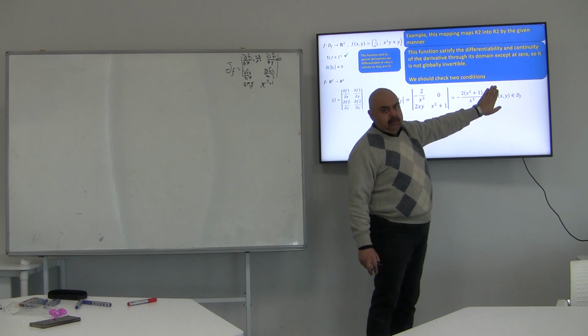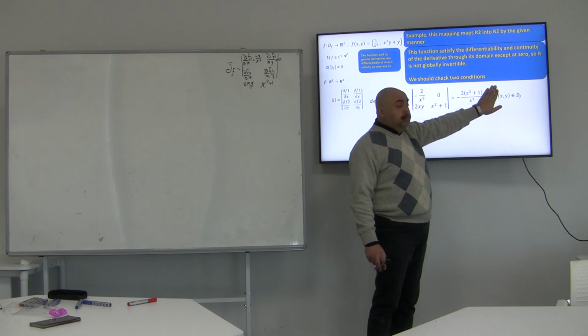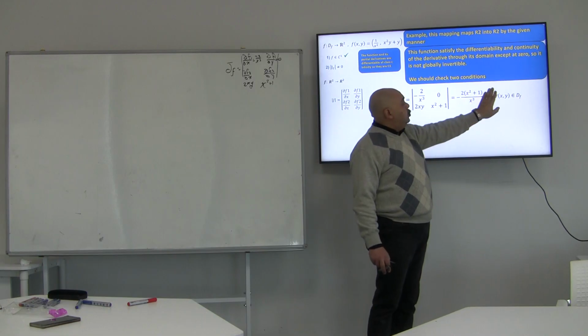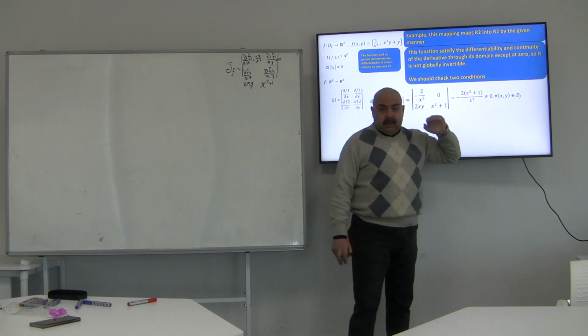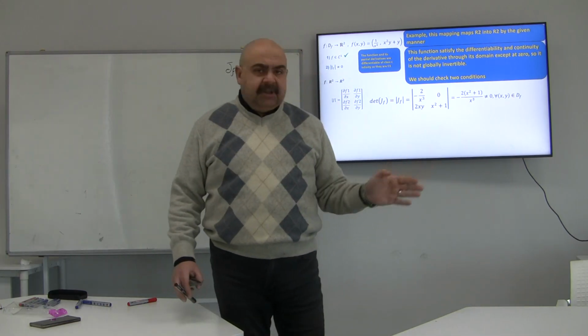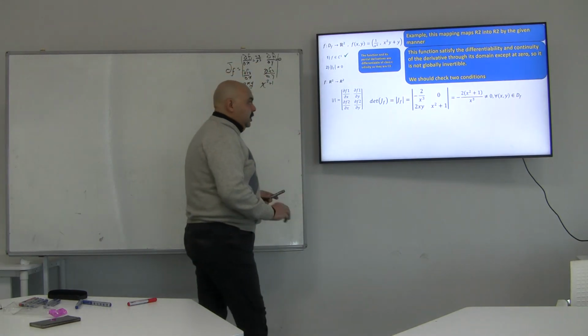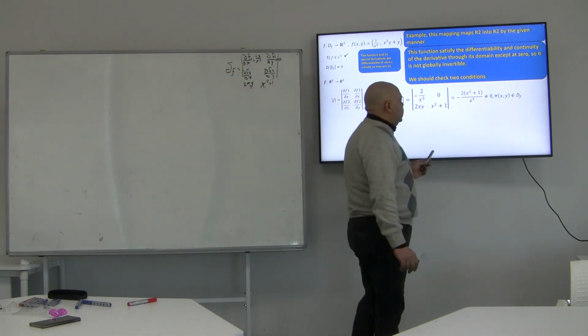How is it going to hit 0? A 0 would come from the numerator, and the numerator here is 2 times x squared plus 1, which will never be 0. I don't care about the denominator because I already excluded 0 from the domain. So this is not going to be 0 for every x and y.